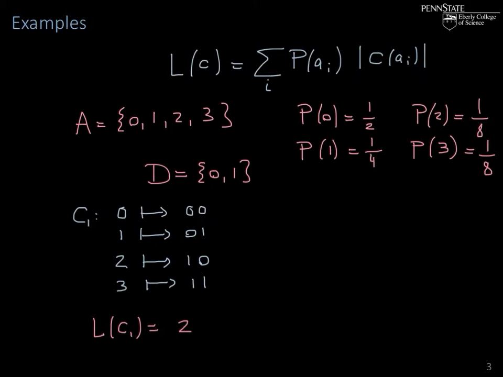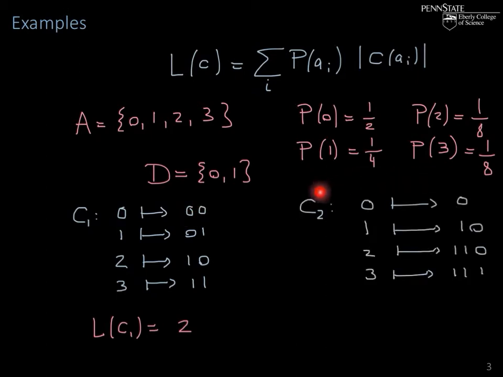But this code does not take into account that the outcomes have different probabilities. So an outcome of relatively low probability, such as 3, gets the same length code word as the outcome of the highest probability, 0. Compare this with this code C2, where we map 0 to the shortest code word, and the two outcomes with the lowest probabilities to the longest code words.